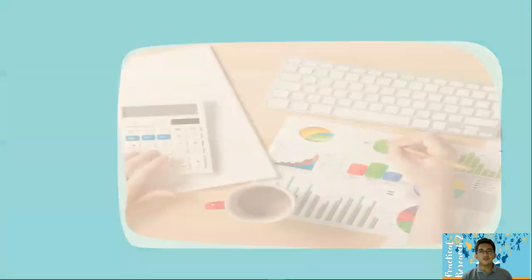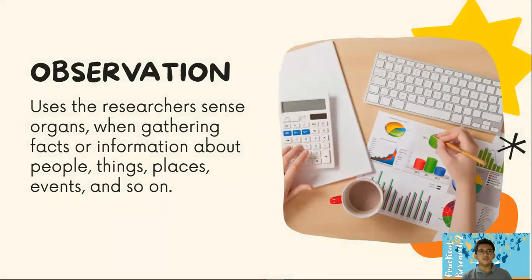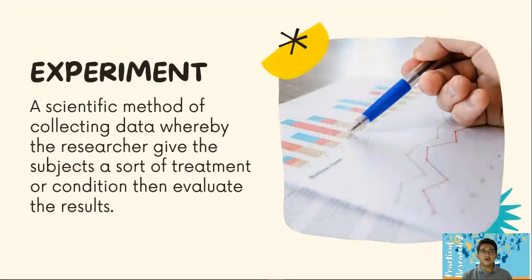Observation uses the researcher's sense organs when gathering facts or information about people, things, places, events, and so on. On the other hand, an experiment is a scientific method of collecting data whereby the researcher gives the subjects a sort of treatment or condition, then evaluates the results.